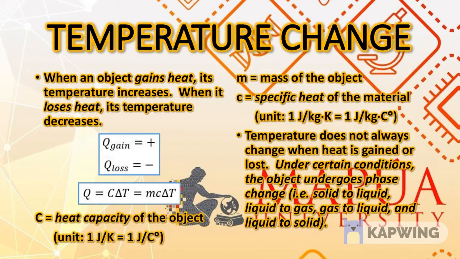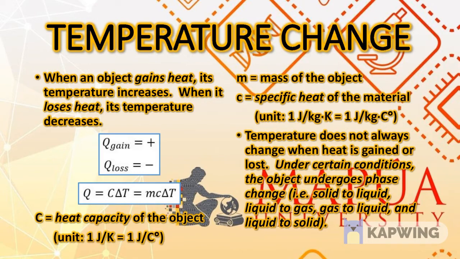When an object gains heat, the temperature increases. When it loses heat, the temperature decreases. Note that even though no object possesses heat energy, as we have mentioned earlier, we still use the terms heat gain and heat loss, basically to denote the flow direction of heat.